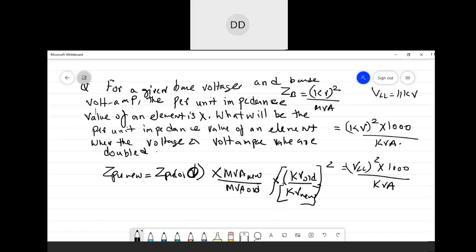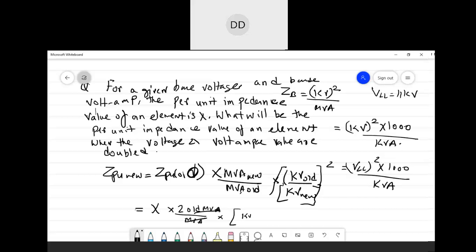The earlier value was X. So what will be the per unit impedance value when the voltage and volt ampere values are doubled? The new value is double the old value, so you will write twice the old value. Twice MVA old would be the new; this MVA cancels.